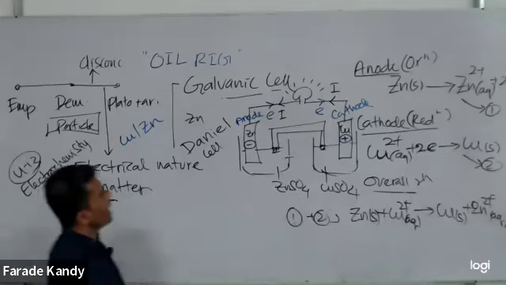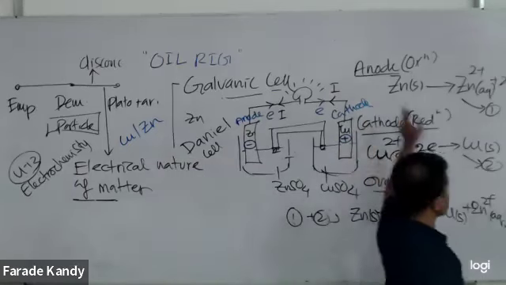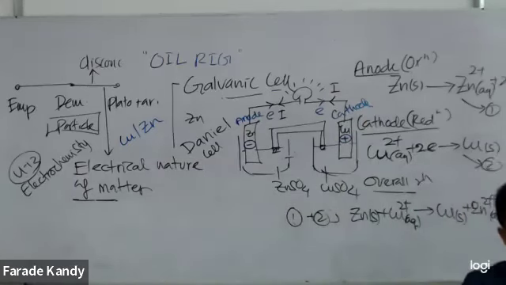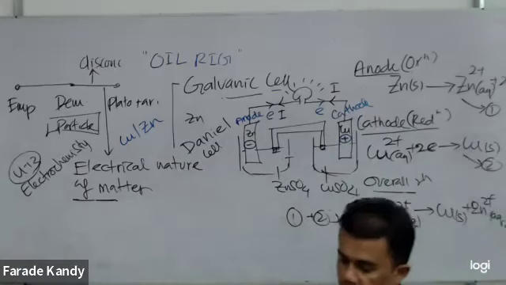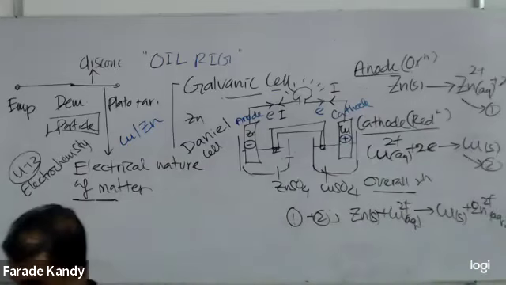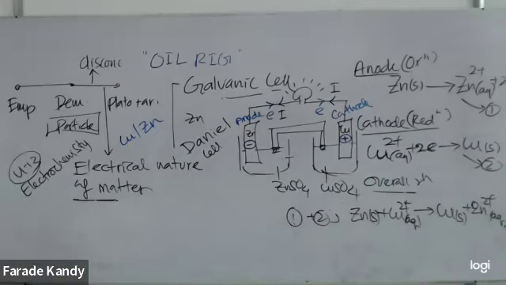Write the subtopic anode. Under that, write these things in point form. Oxidation reaction takes place. Next point.